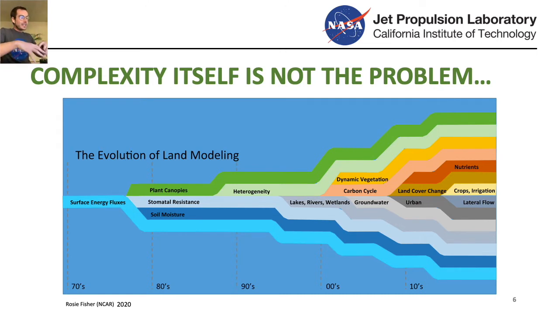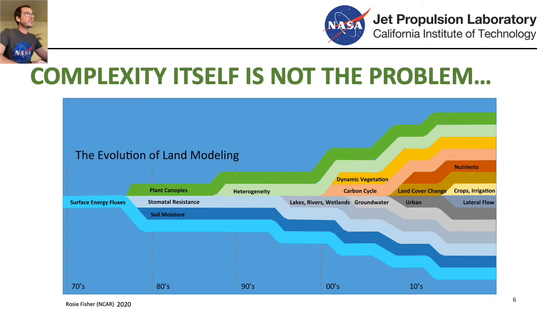Because these land surface models usually were built to behave as the lower boundary condition for the atmosphere, all we needed to do in the 70s was give an albedo or some sort of water representation. But along the years, more and more processes have been introduced into these models.